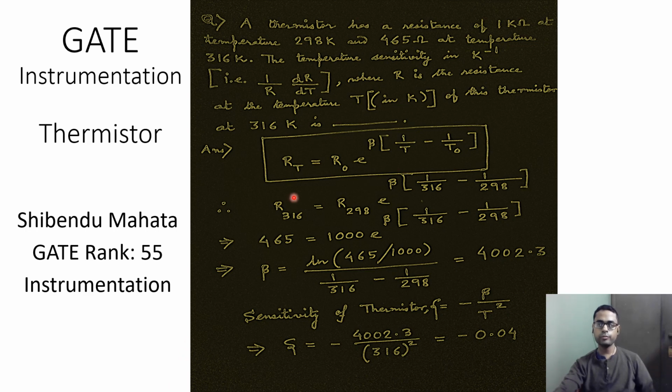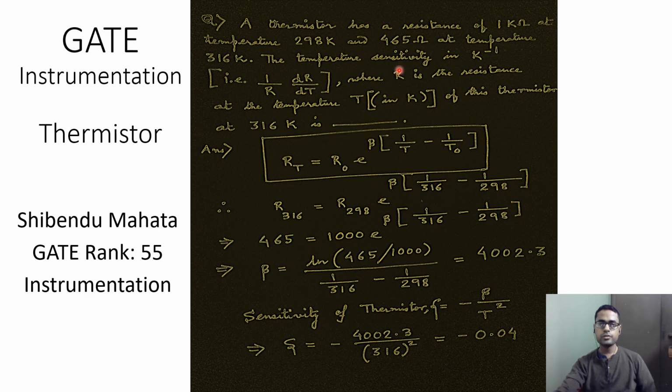This is a GATE problem from the Instrumentation Engineering paper on the Sensors and Industrial Instrumentation module. The problem concerns the thermistor, which is a thermally sensitive resistor, and it is stated as follows.